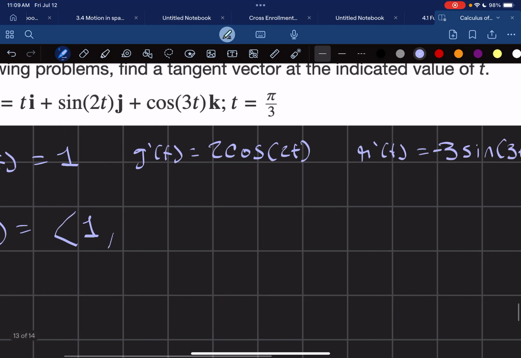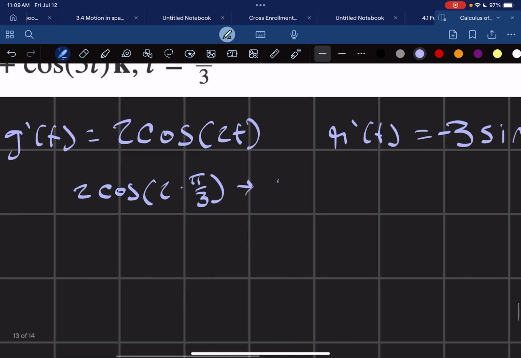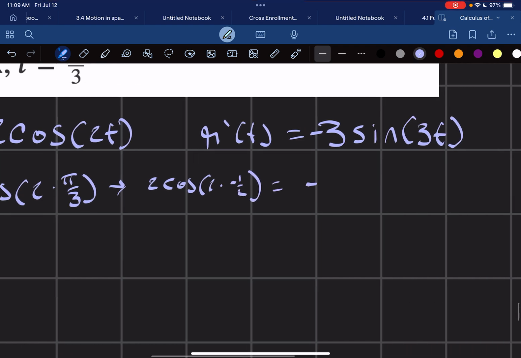So that one is 2 cosine 2t, which is basically 2 cosine of 2 times pi over 3, and that would just be 2 cosine 2 times negative 1/2. That would just equal negative 1.